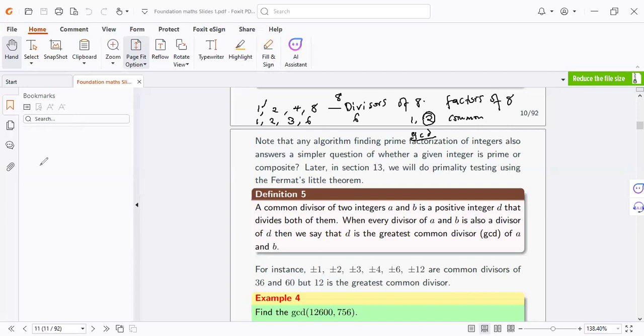I've said a common divisor of integers a and b is a positive integer that divides both of the two numbers. I've given an example of 8 and 6, and I've said that 2 is therefore the greatest of the two common divisors.